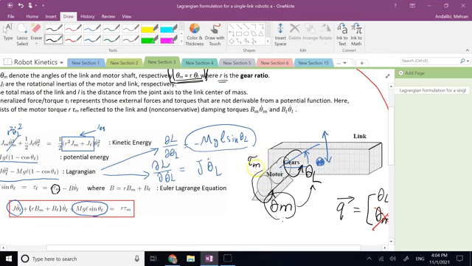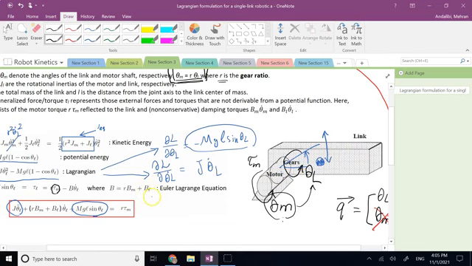We'll talk about this later in more detail, but if you just consider this to be the external couple applied to the gearbox input, that's one thing that you have external to the whole system, which is the motor, gearbox, and link.